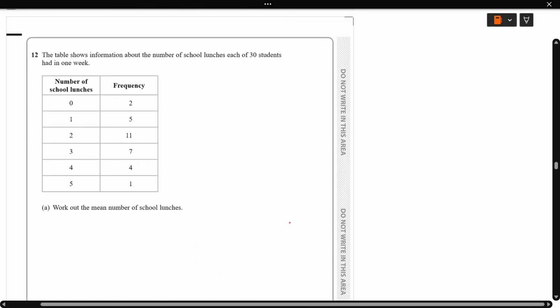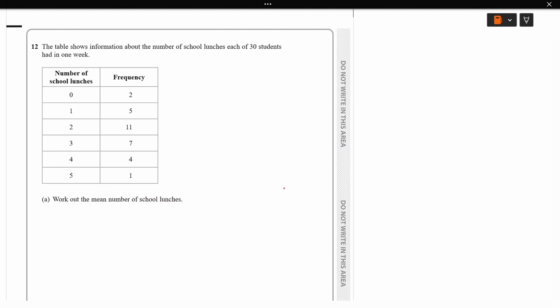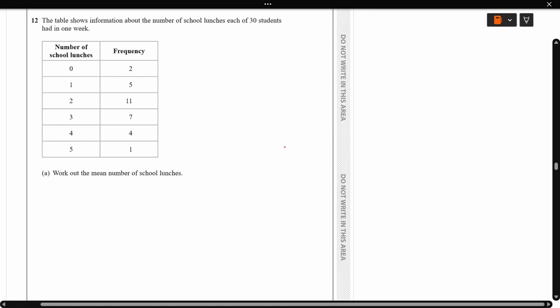The next one, question number 12. The table shows information about the number of school lunches each of 30 students had in 1 week. So the number of school lunches and frequency are given. Work out the mean number of school lunches.